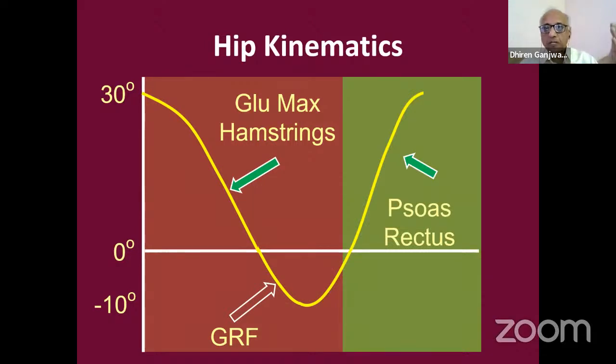The flexion is by the psoas, iliopsoas, and the rectus. Both are working concentrically. And then the hamstrings work eccentrically and they slow down the flexion which is taking place. So there is a slow component of the flexion. So this is in a nutshell how the hip moves.